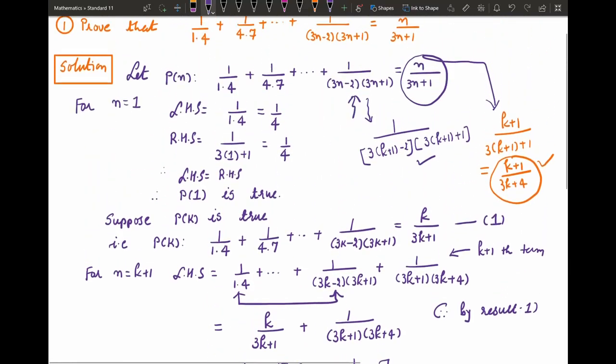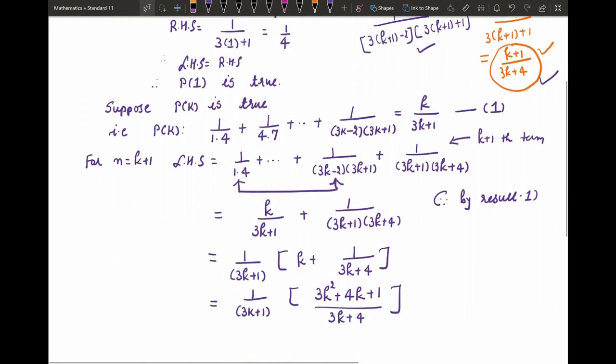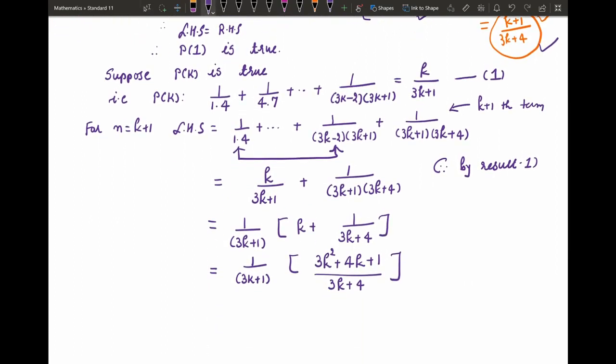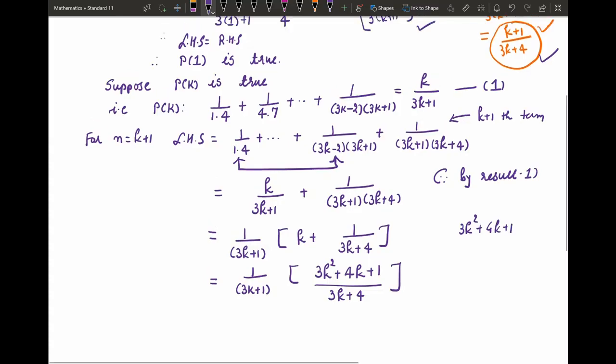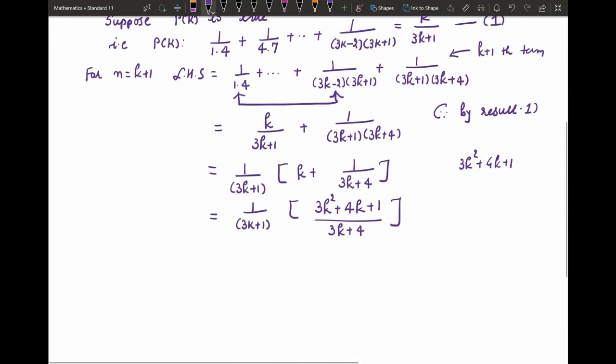Now when you observe the right hand side, 3k plus 4 is already in the denominator. So when we factorize the numerator, 3k square plus 4k plus 1, one factor should be k plus 1 because k plus 1 is in the denominator. So this is 3k square plus 3k plus k plus 1, the middle term 4k we have written as 3k plus k.